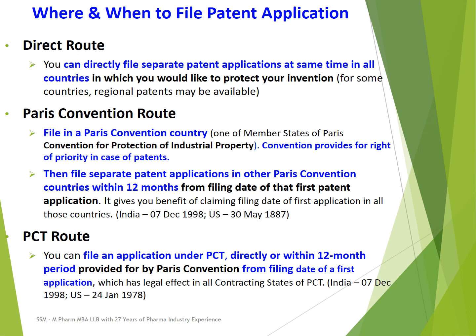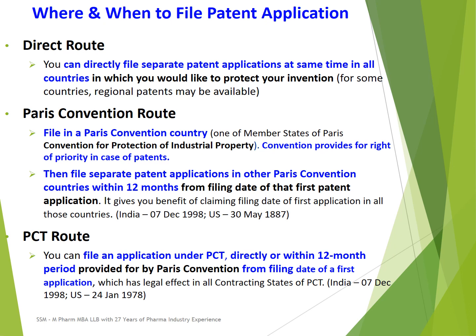Now coming to where and when to file a patent application. Where to file a patent application? It is the company or patentee that has to decide where he wants to file the patent application. He will decide on the basis of what invention he has, what the market is for that invention, and in which country the invention has a market.